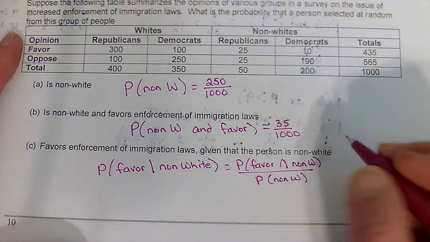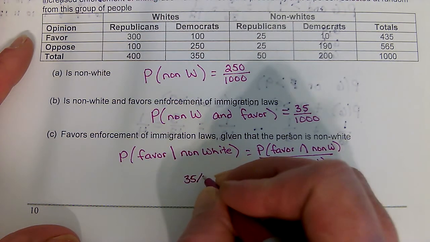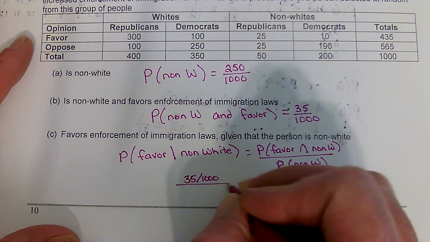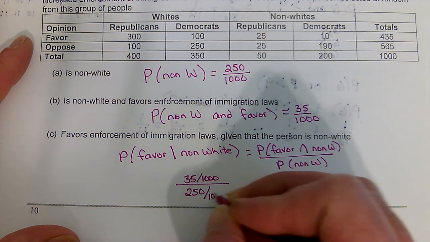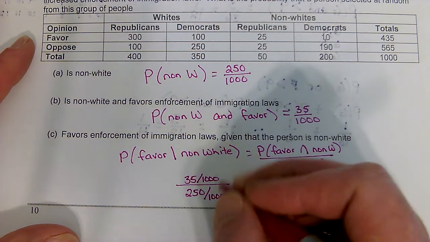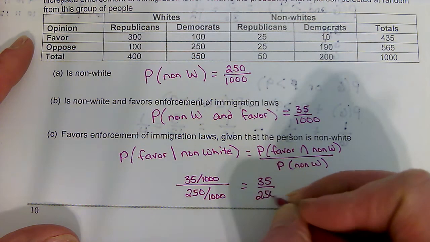So the and was the 35 out of 1,000, right? Divided by the 250 out of 1,000. Well, the 1,000s can kind of cancel, and I just end up with 35 out of 250.